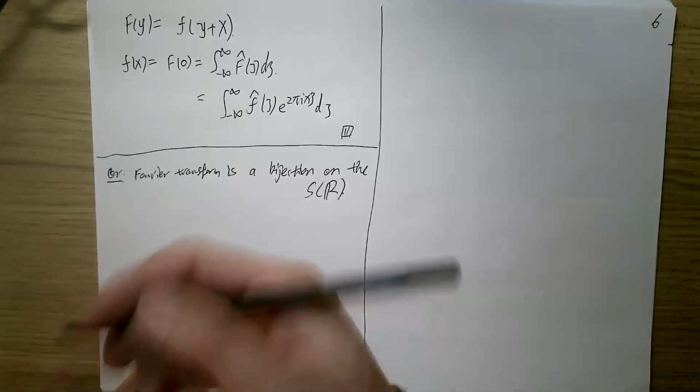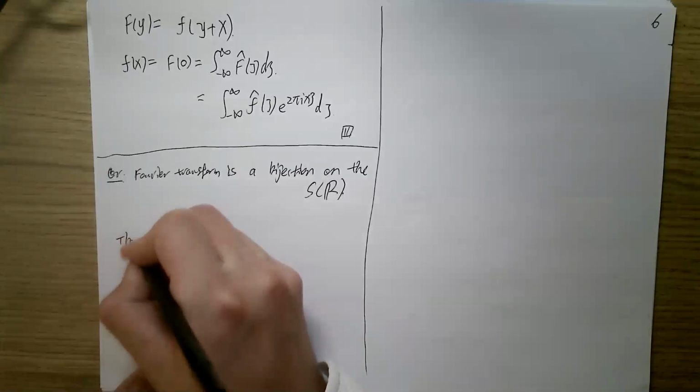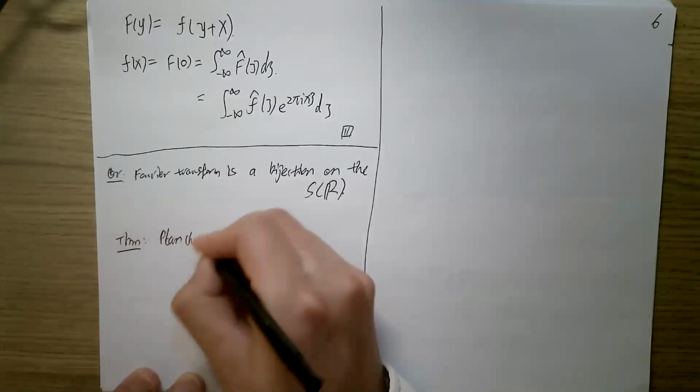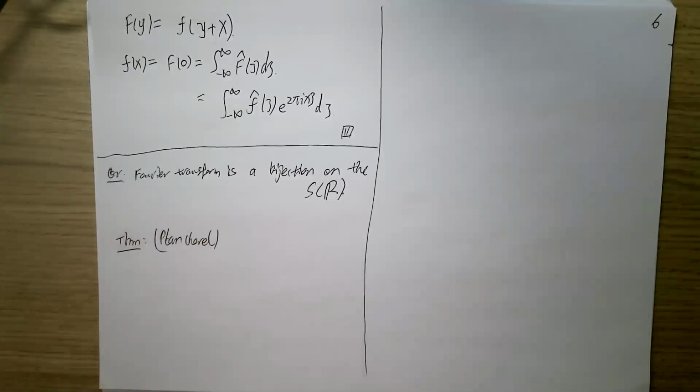This is the so-called Plancherel identity, or Plancherel theorem. It is an analog of the Parseval identity.